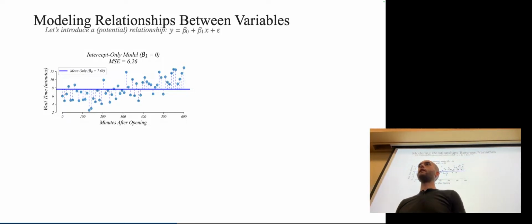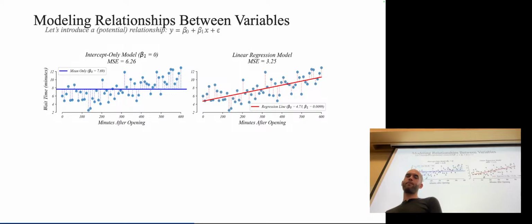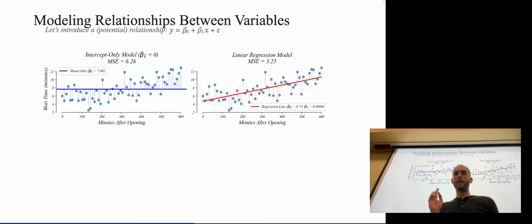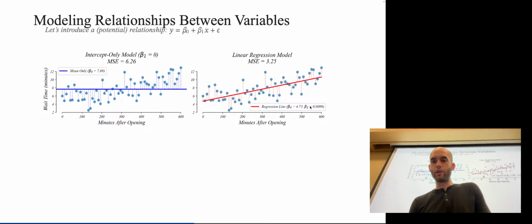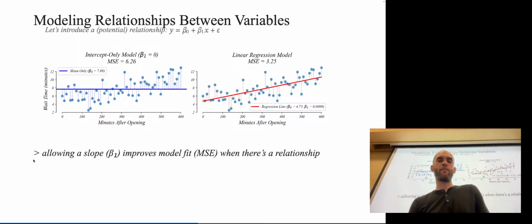So we're going to introduce a second coefficient, a second parameter in our model, which controls the slope. And this is what that model looks like. And a couple of things to point out here. So I've introduced the possibility of beta 1 not being equal to 0, where with the intercept-only model, we're enforcing that it is 0. First, the fact that we're including a slope in this model makes the mean squared error smaller.